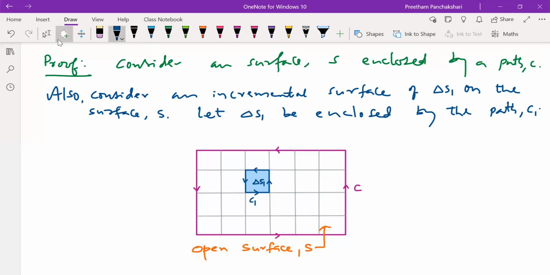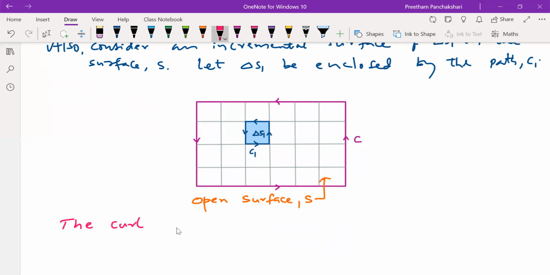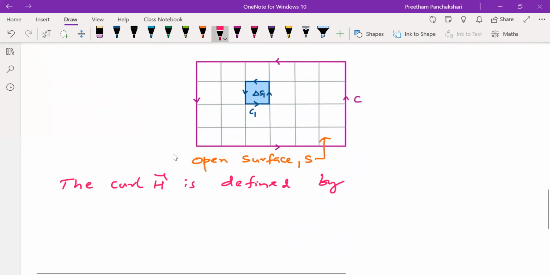So now I would like to introduce the definition of curl here for this particular incremental surface area. The curl H is defined by, so we should start with curl. As per our previous discussions in videos, we can get this equation: curl H, normal component.